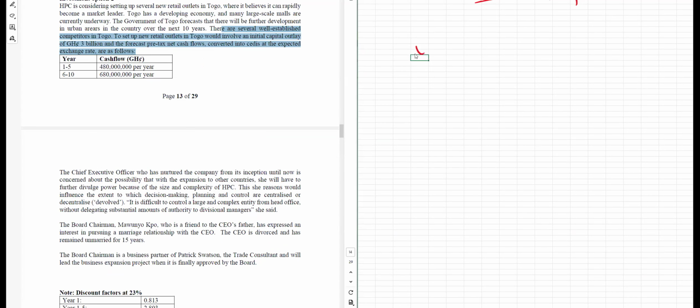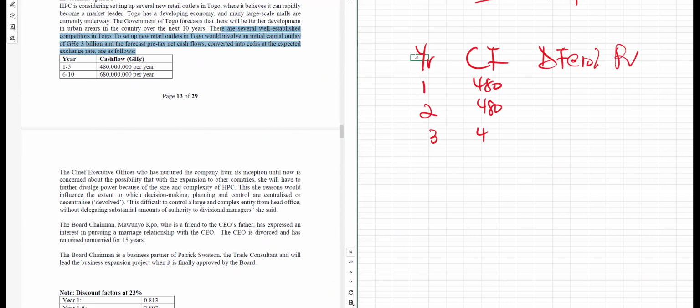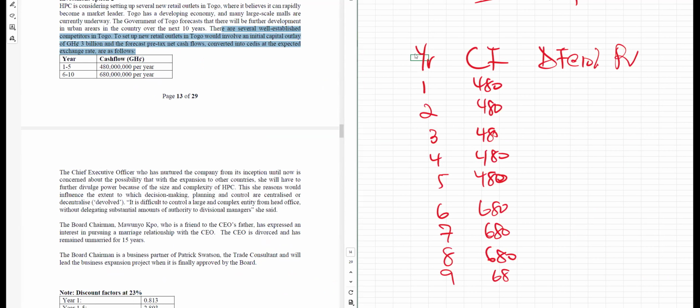So you are literally saying that year 1, cash flow, discount factor, let's say if it was 10%, PV, you are literally saying that year 1, 480, year 2, 480, year 3, 480, year 4, 480, year 5, 480, okay? Year 6, 680, year 7, 680, year 8, 680, year 9, 680, and year 10, 680.